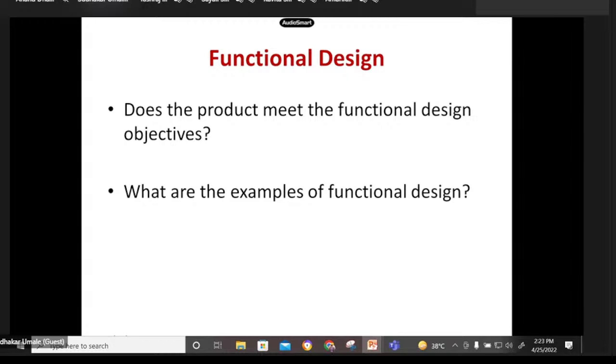What is the next question? What are the examples of functional designs? We have so many examples of functional designs like electric vehicle functional designs, automobiles, any other examples. How you follow the examples for prototype, we'll discuss later on. But just observe these two questions, which are very important to give the appropriate functions of the product.